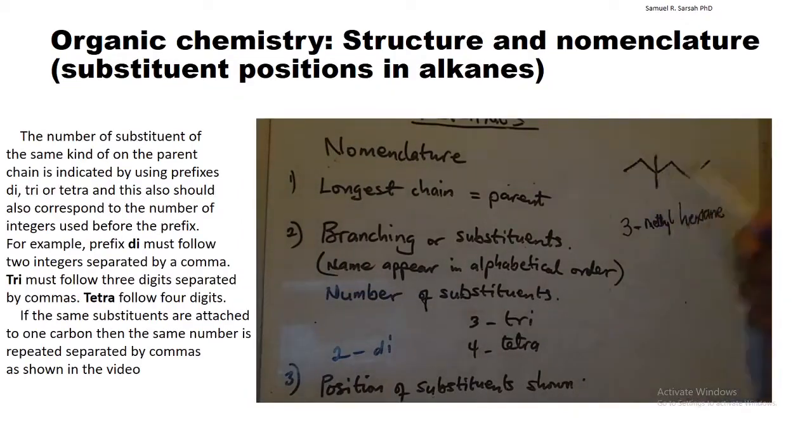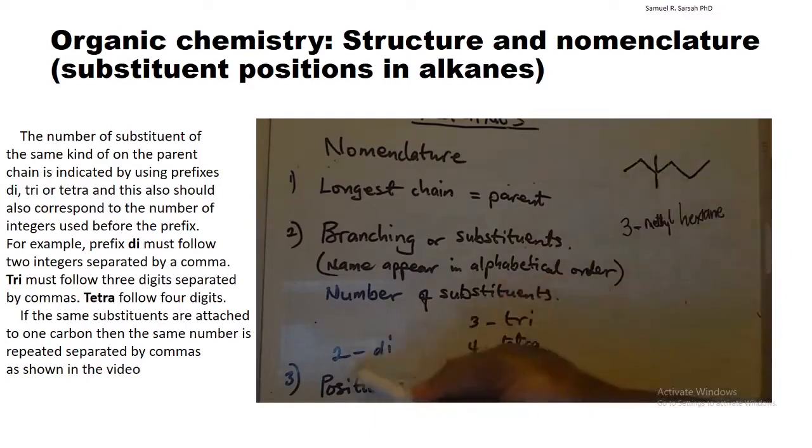I've modified the structure here. I'm trying to name it. You see that I have an extra methyl group coming from here, so we have 2 substituents on carbon number 3. So to name this, you have 2 substituents, all of them are methyl substituents. If you have 2, then you have to add a prefix, which is di.